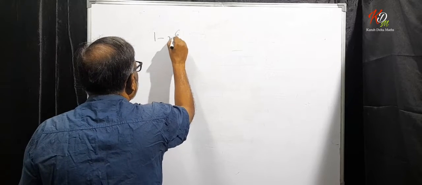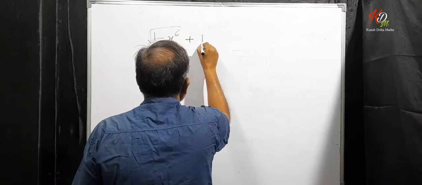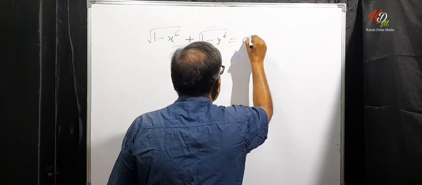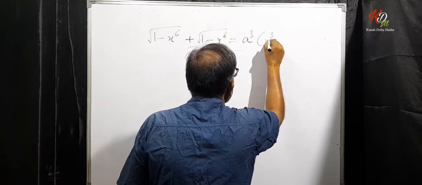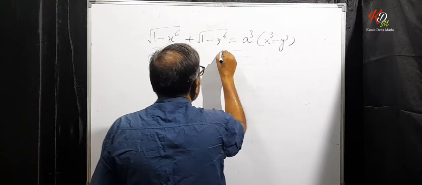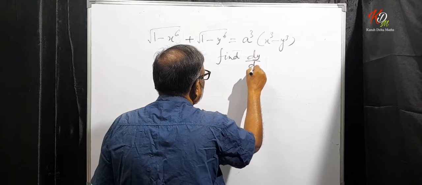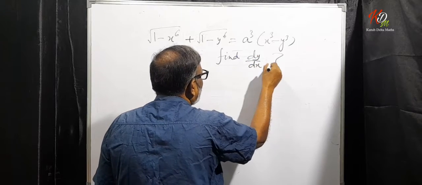Given the expression: root under 1 minus x^6 plus root under 1 minus y^6 equals a cube times (x cube minus y cube). Find dy/dx. Or dy/dx, what is the value?